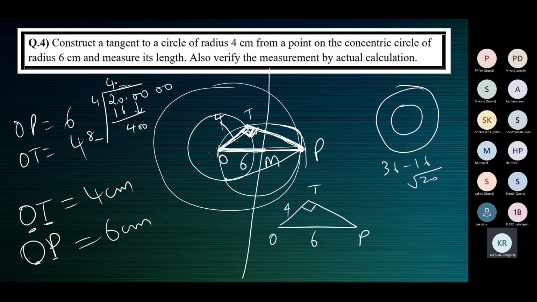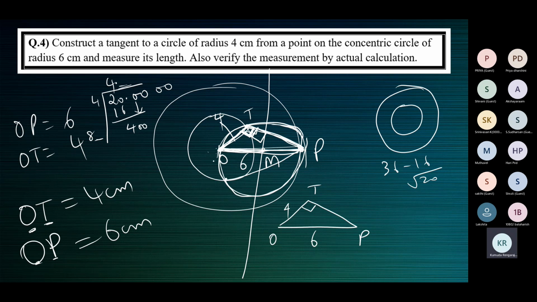So measure its length using the scale. Verify it by using Pythagoras theorem. You should identify the right triangle. And this is 90 degrees because the angle in a semicircle is a right angle. In the new circle, this one is the diameter and this is the angle in a semicircle, that's a right angle. So OTP is a right triangle.